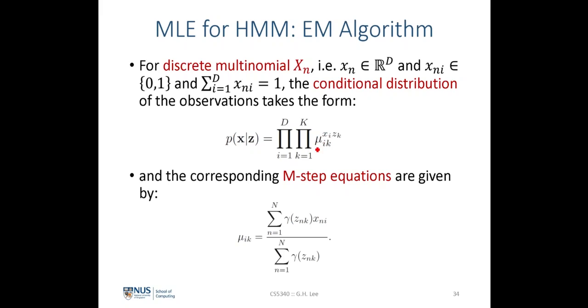Then we will look at the probability given by mu_ik, conditioned upon z taking a state of k. By doing the corresponding maximization step over the unknown parameter mu, we'll get this particular equation for mu that parameterizes the categorical distribution of the random variable x.